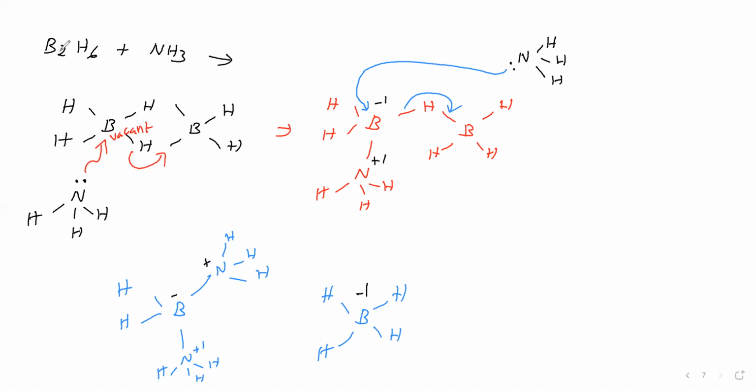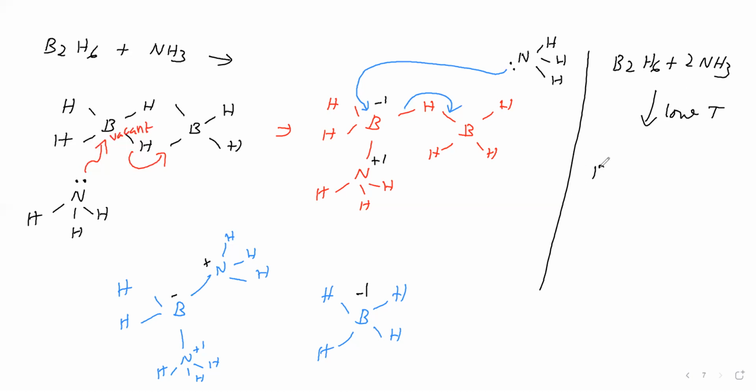So this diborane B2H6 reacts with ammonia at lower temperature to give complexes. One complex is [BH2(NH3)2]+ cation. This is having +1, it is having -1, it is having +1, net charge is +1.